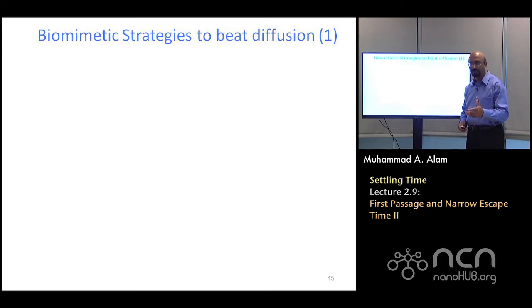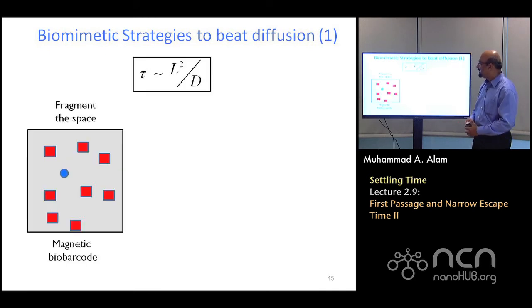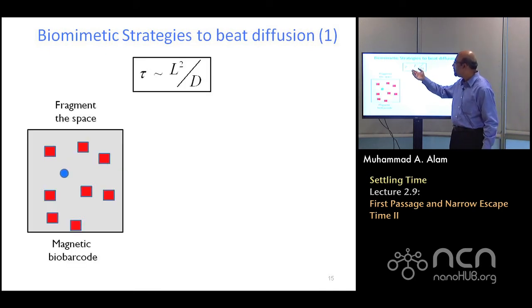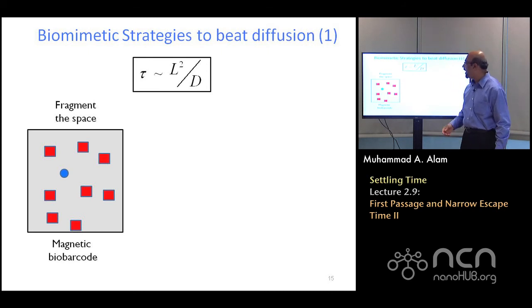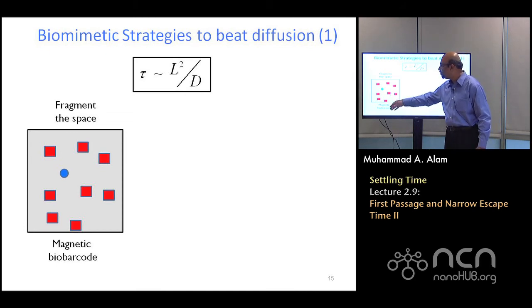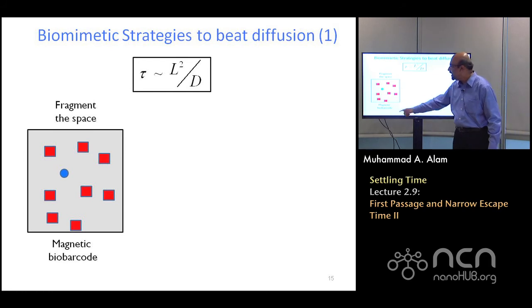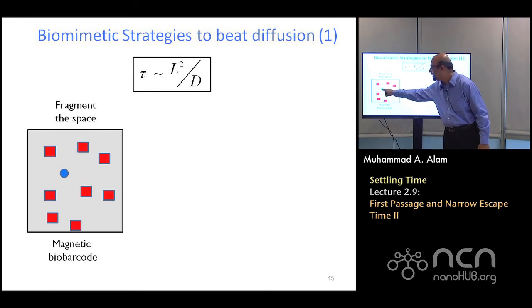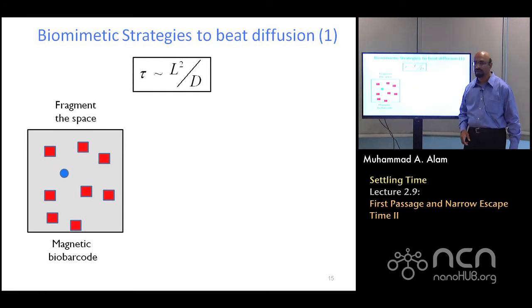Diffusion is something that is fundamental to the sensing problem, but we can beat it also. And the idea always is that you reduce the diffusion time by either reducing L or by increasing D. And we saw that if you throw a lot of sensors at the analyte particle, then it effectively boxes it in, and therefore it reduces L.